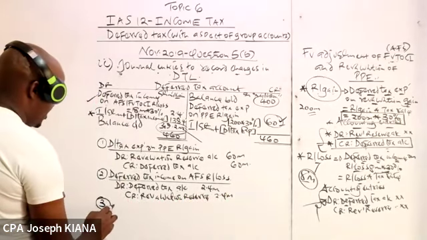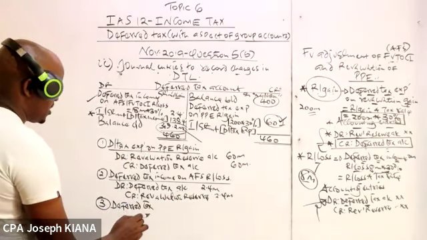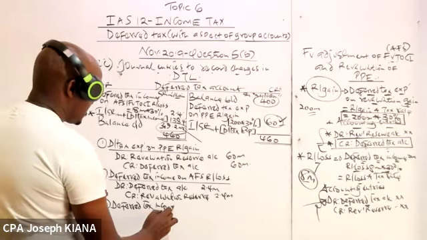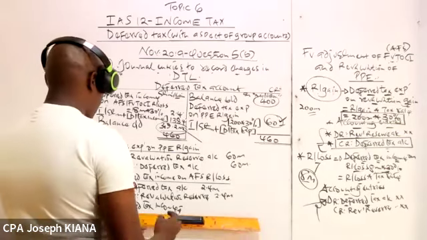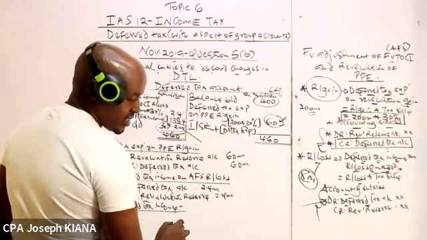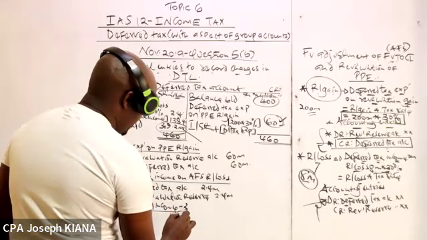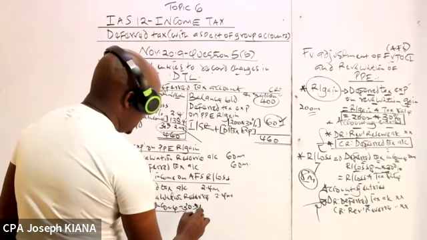So we make a journal entry for deferred tax income for the current year. And actually, the current year, if you can recall, ended in September 2019.